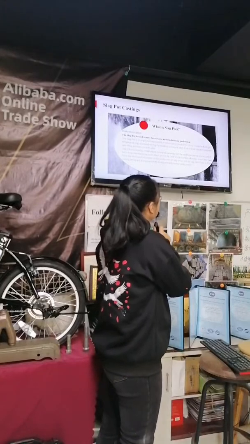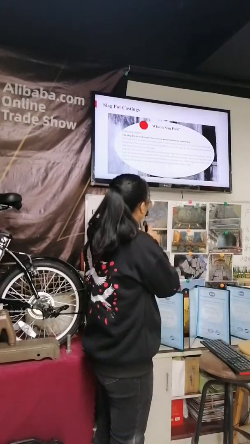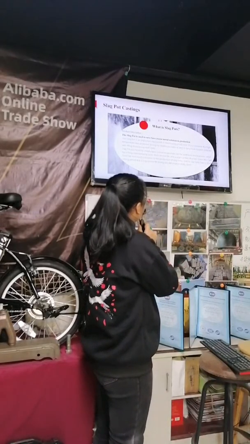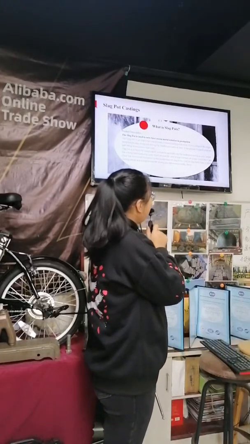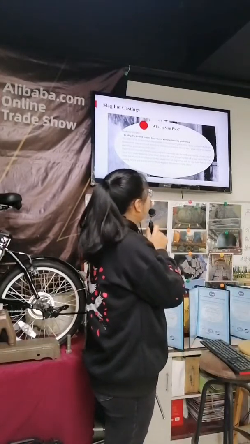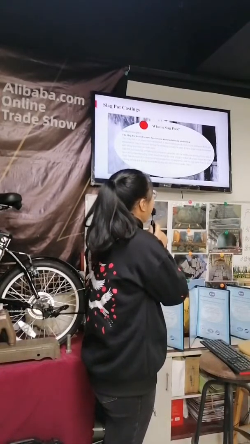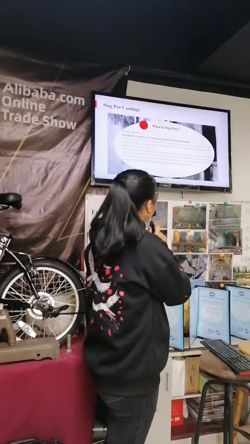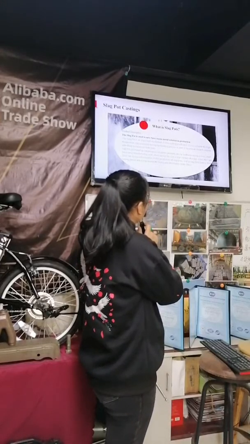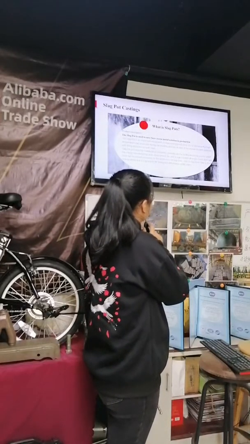It is a container for high temperature slag products during the smelting process of steel. It has a bowl-shaped container with lugs on both sides.